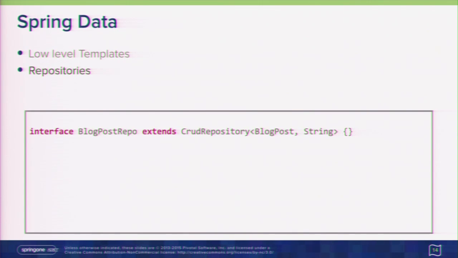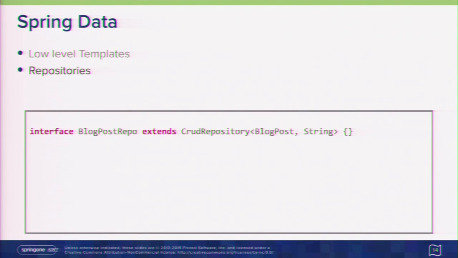On top of those low-level templates, we got the repository implementation, which is basically the part that does all the proxying for you to get an actual store-specific Spring Data repository implementation. This is the part that lets you define just an interface, so that you don't have to write your data access code all over again.